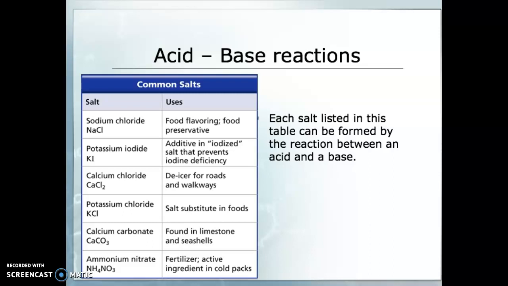So like sodium chloride, for example, is what we use to put on like our French fries. It's food flavoring. But ammonium nitrate is also a salt, but it's used in fertilizers. So you just need to know that there are different types of acid-base reactions, and they are chemical reactions. So you are getting something new, and you're rearranging your atoms. And you need to know the pH scale.